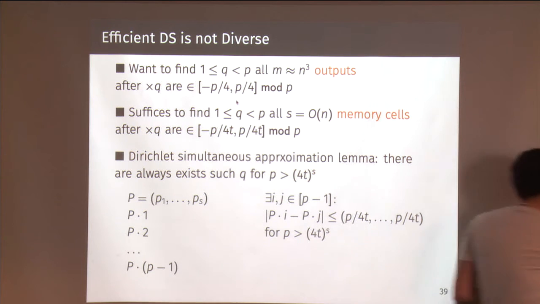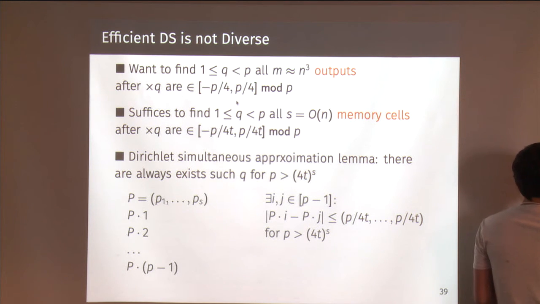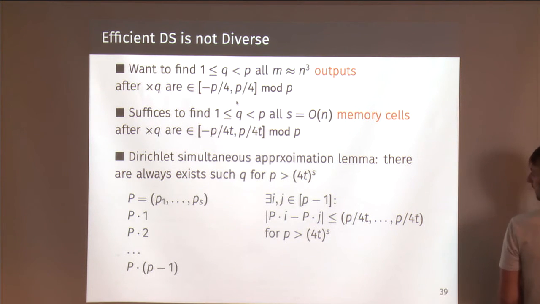I can just partition these vectors into groups such that the first group of vectors has elements of this form.